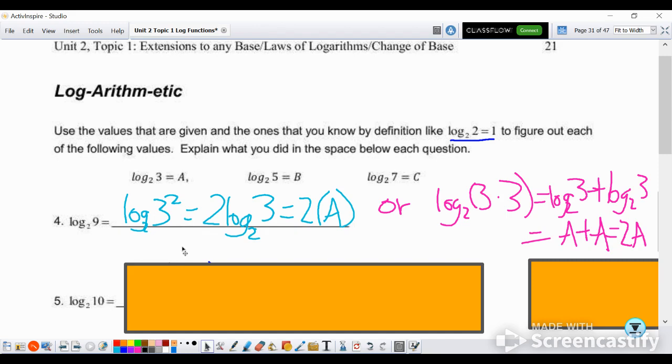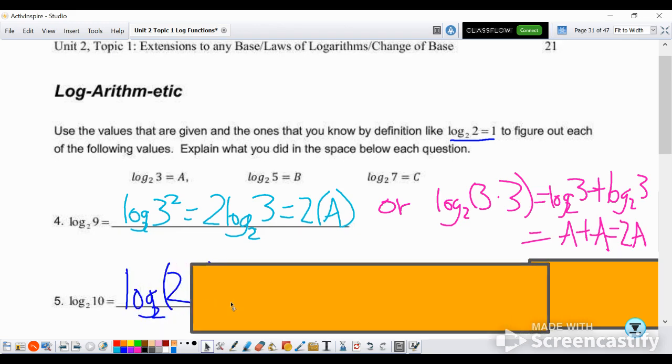10 can't really be made into an argument with an exponent. So we're going to change it using the power rule, not the power rule, sorry, the product rule. And the product rule says that log base 2 of 10 is the same as log base 2 of 2 times 5.